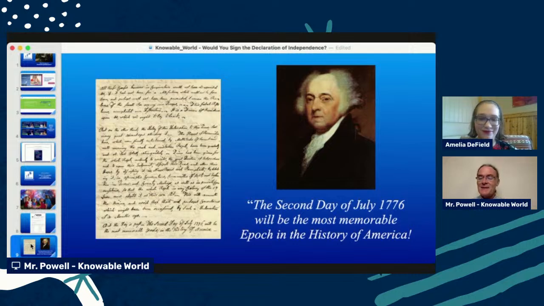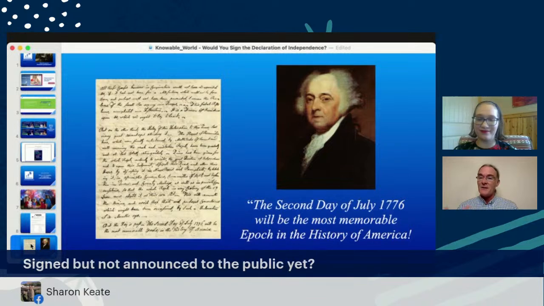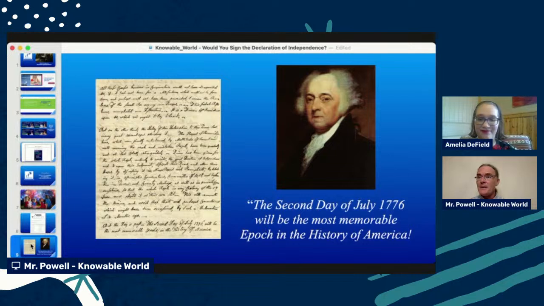The answer is that there was actually a vote on the 2nd of July on a resolution pertaining to independence. So it wasn't yet signed, it wasn't yet declared, but there was a vote, and the delegates from the various colonies, which now were becoming states, basically voted and said, yes, we want to be independent.